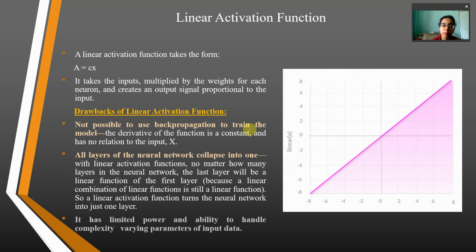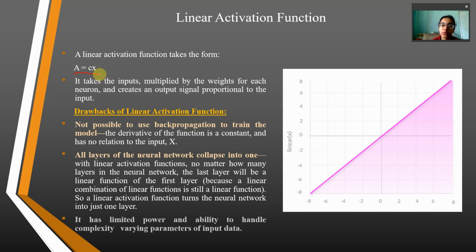We already know about linear equation from our 11th-12th standard, right? So this is actually the linear equation, that is A is equal to Cx. Linear activation function means it will take the input, the weights will be assigned with it, and it will create an output. So this is actually a sort of linear function which is given as A is equal to Cx.